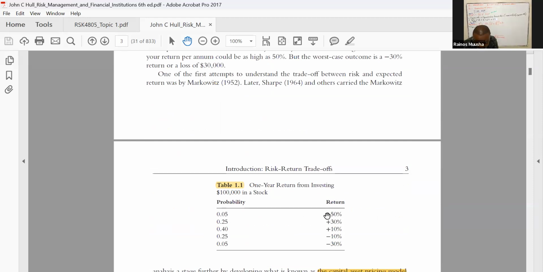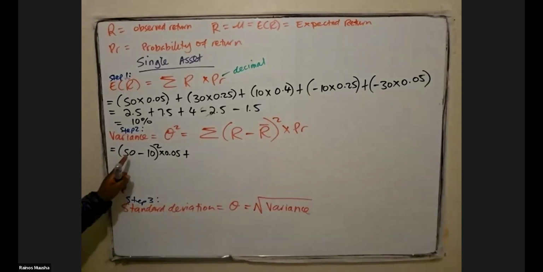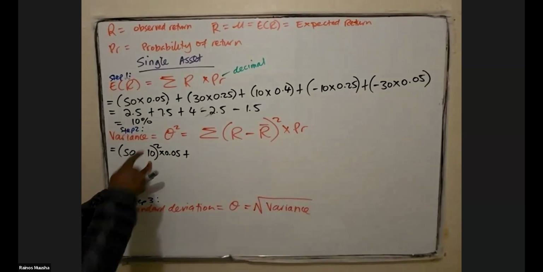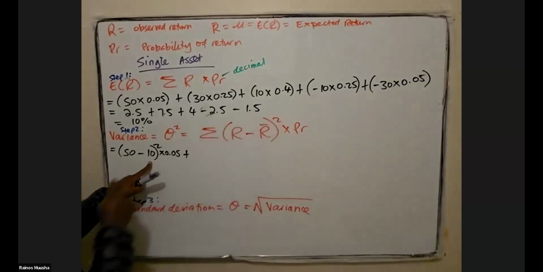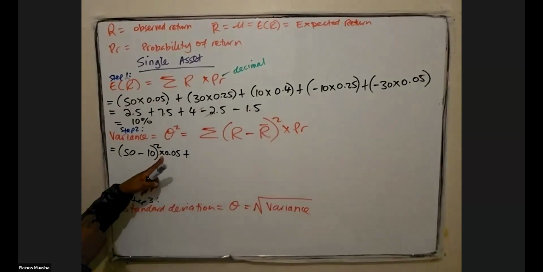So you have to go back to the first scenario where your observed return was 50%. So you're now going to say, for the first scenario, your observed return is 50 minus the expected return that we covered above, which is 10. We need to put it to the power of 2 according to the formula, multiplied by the probability. For the first scenario, the probability was what? 0.05. Are we on the same page?